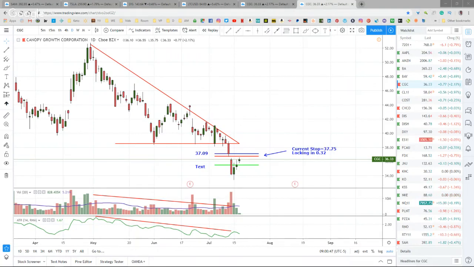It was a complete turnaround for me. Mark Douglas. Thanks, Gregory. Mark Douglas, Trading in the Zone. I can't believe I couldn't think of that at that moment. I guess it's time to read it again, isn't it?